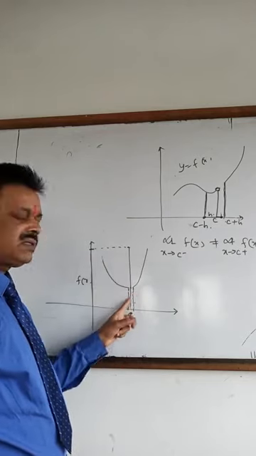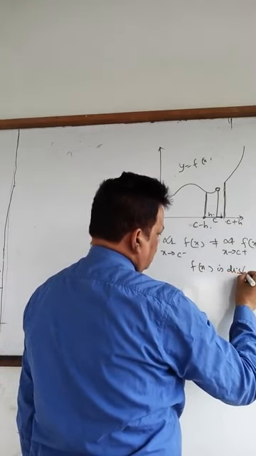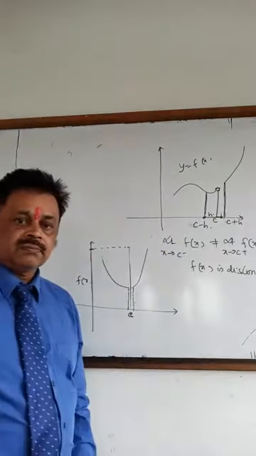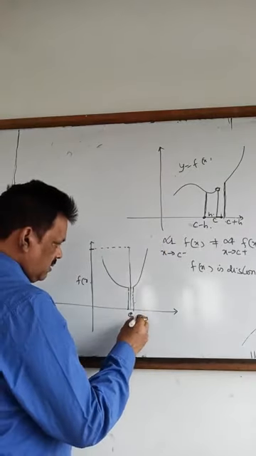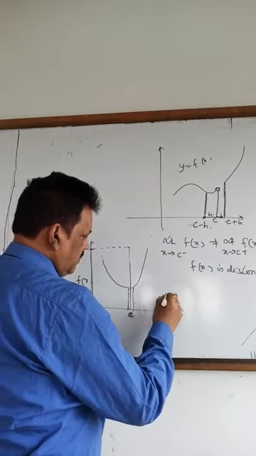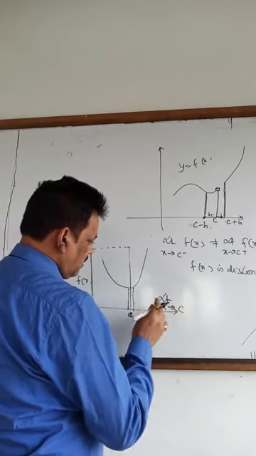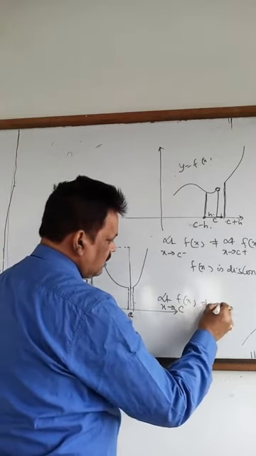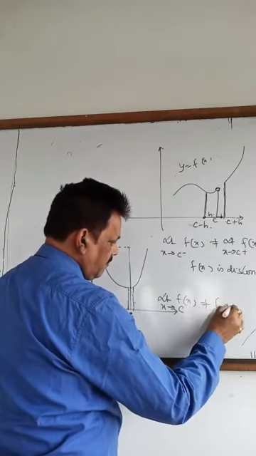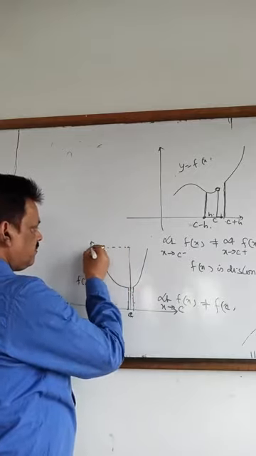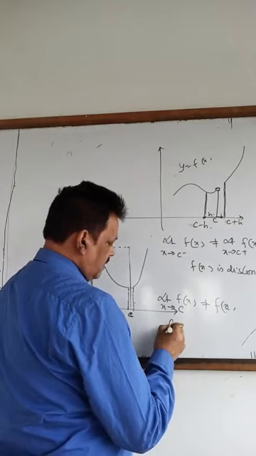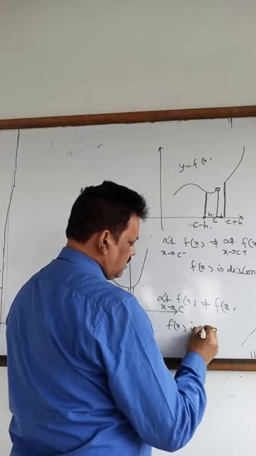This is discontinuous. Here f(x) is discontinuous. Here you can write, limit as x tends to C, meaning left and right limit, is not equal to your functional value. This is your functional value. Okay. So also f(x) is discontinuous.